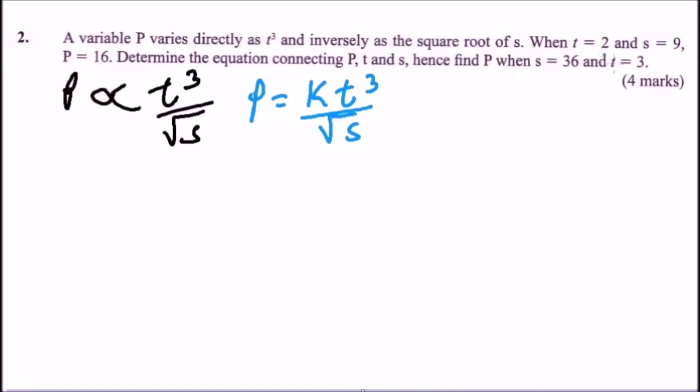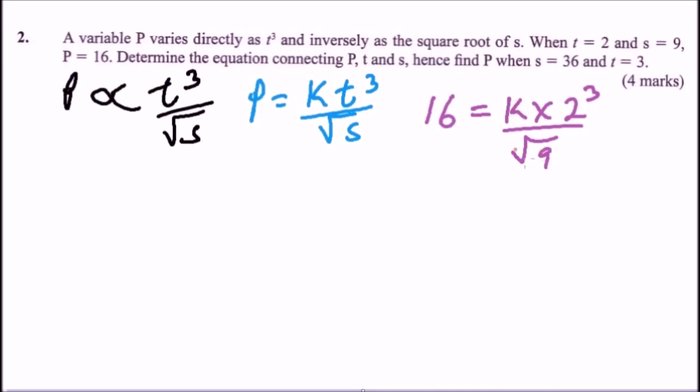Since we are given t is equal to 2, s is equal to 9, and p is equal to 16, we can get our k by writing 16 equals k multiplied by 2 cubed, the value of t, divided by the square root of 9, which is the value of s.